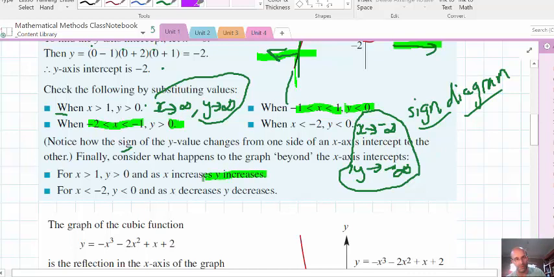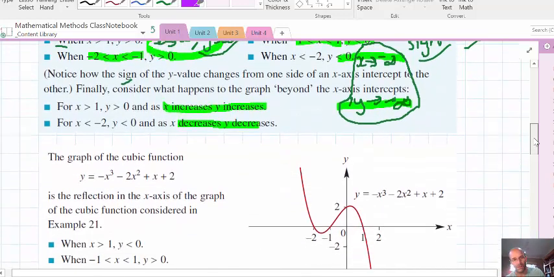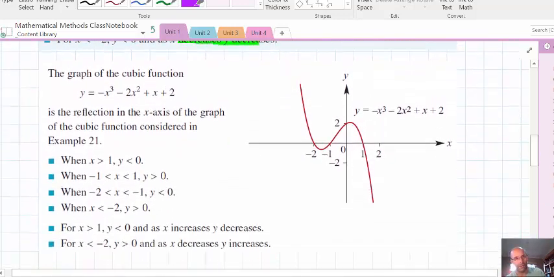That's a very similar statement to that. And as x decreases, y decreases once you get past that intercept, i.e. here. That's pretty much the same as that. Okay, so moving on to the next one now.